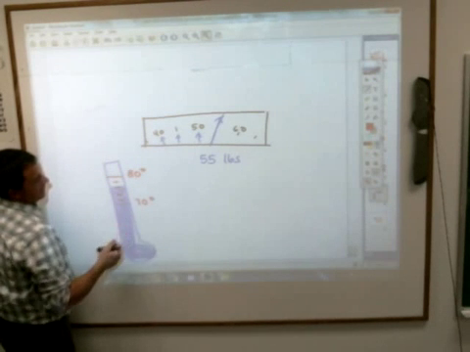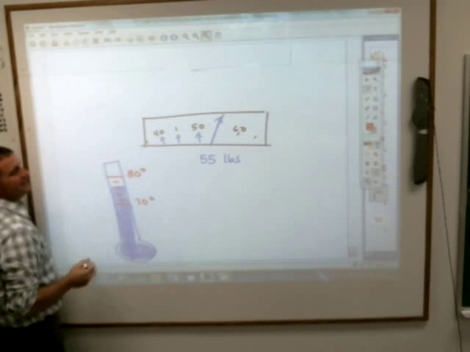The first thing you want to do is figure out what each increment is.